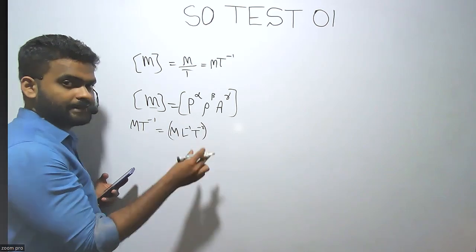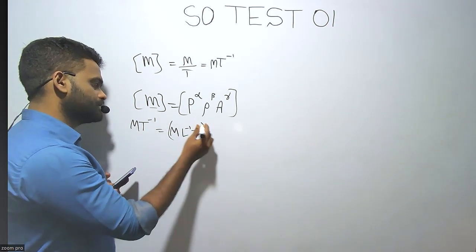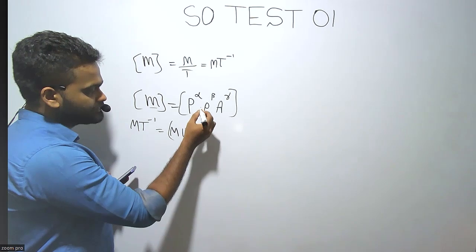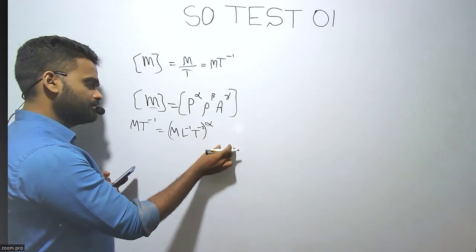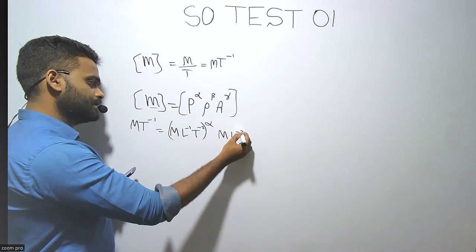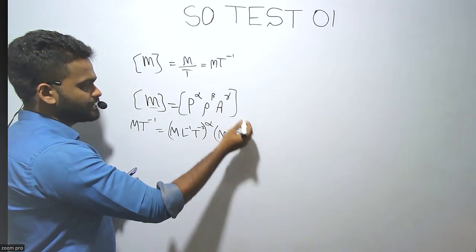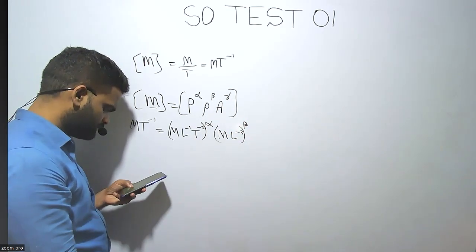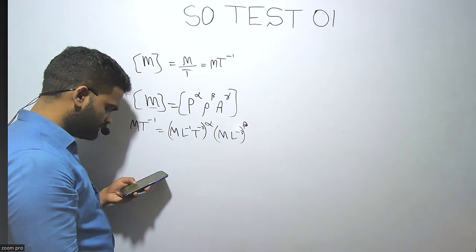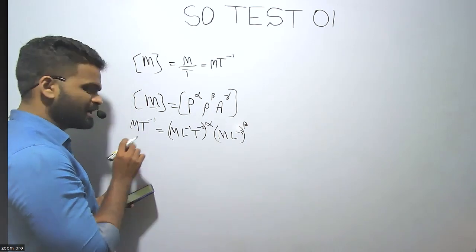Force divided by area is the pressure, to the power alpha. Density is mass divided by volume, so it should be ML minus 3, to the power beta. A is area. Is it area? Yeah, that is the area of the puncture.